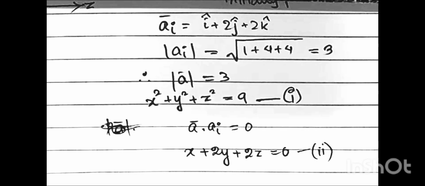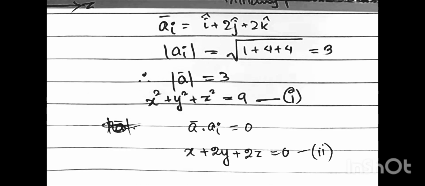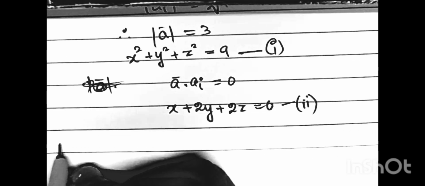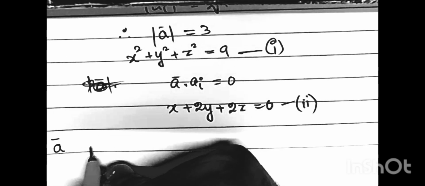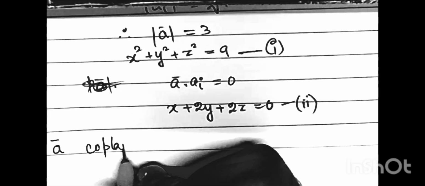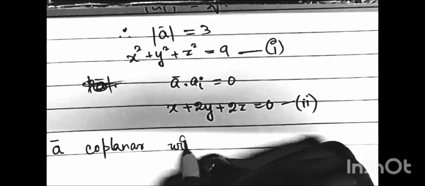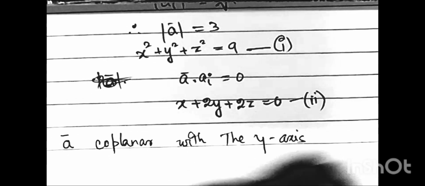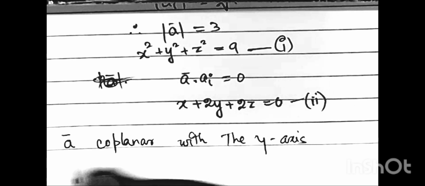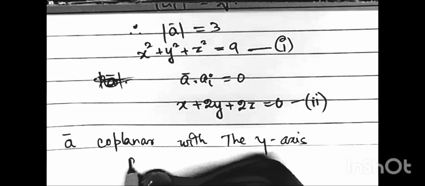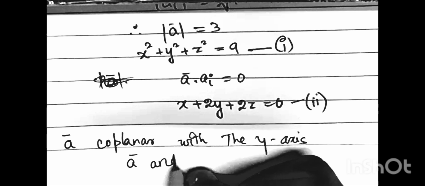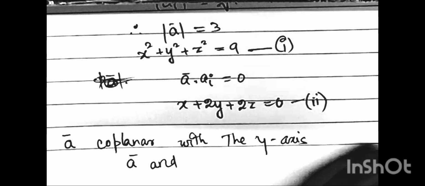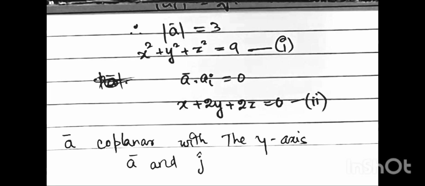Now, as I mentioned, the final vector a here is coplanar with the y-axis. So if we assume a random vector in the direction of the y-axis, any random vector, we will use a j cap.